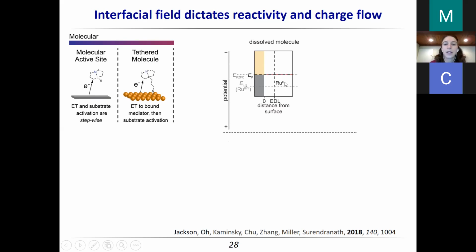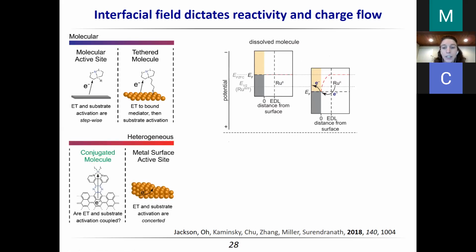The ruthenium molecule is out here in solution, and I've denoted the ruthenium 3,2 potential. So if I want to oxidize the ruthenium in solution, I need to apply an oxidizing potential. We're going to move all of the orbitals, energy of the orbitals in the electrode down. And when they drop below the Ru3,2 couple, there will be enough driving force to transfer an electron from the ruthenium in solution to the Fermi level of the electrode, and we'll see current flow.